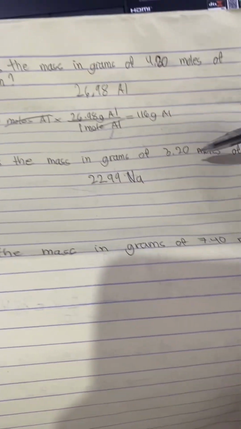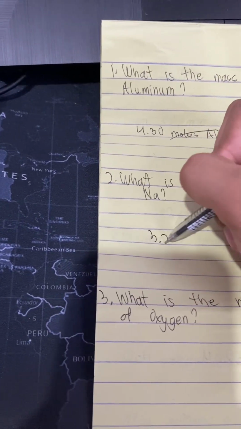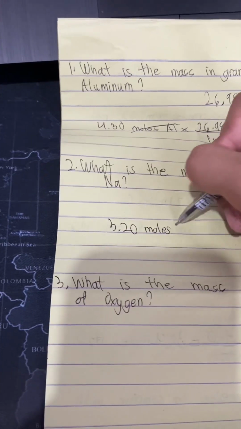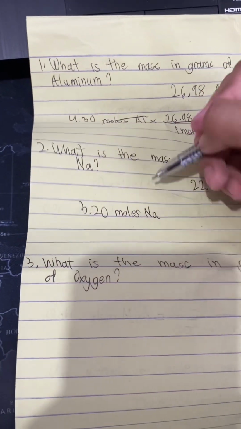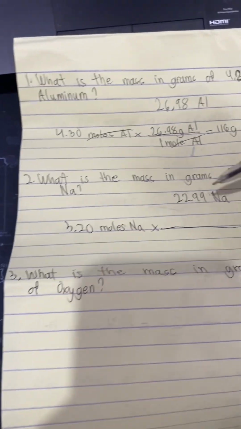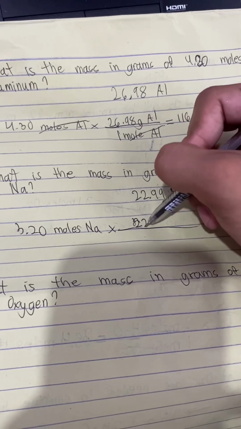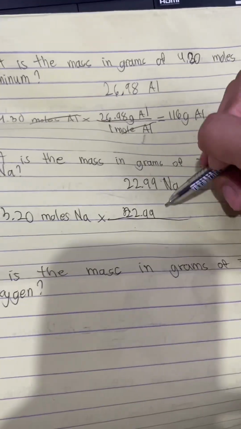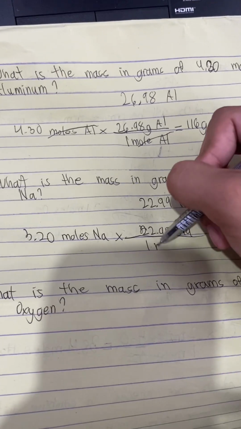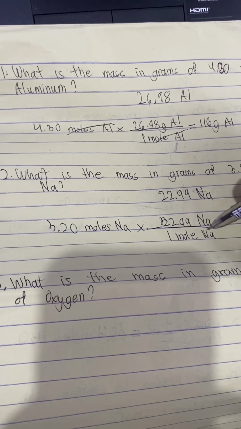So we're going to copy the 3.20 moles of Na, and copy the molar mass, 22.99 grams Na, and 1 mole Na.